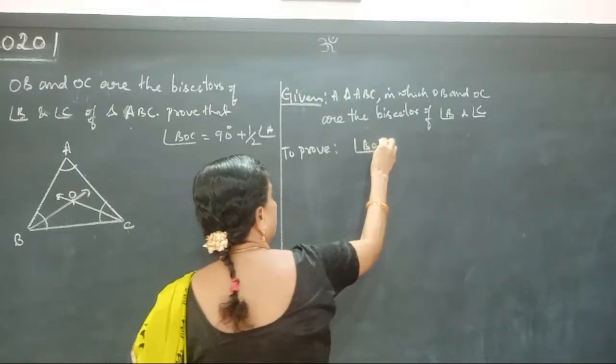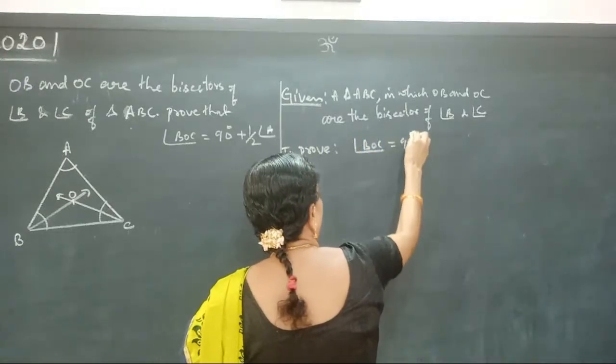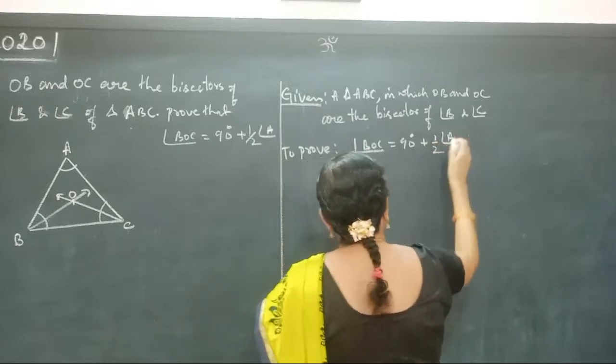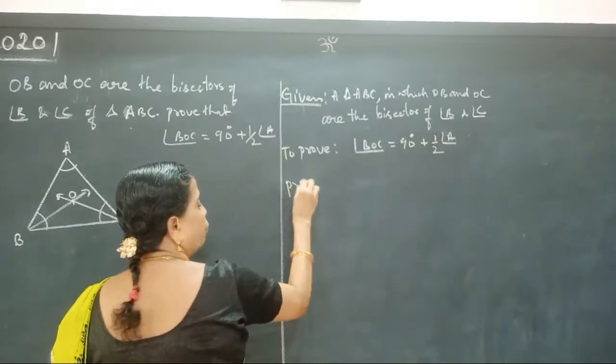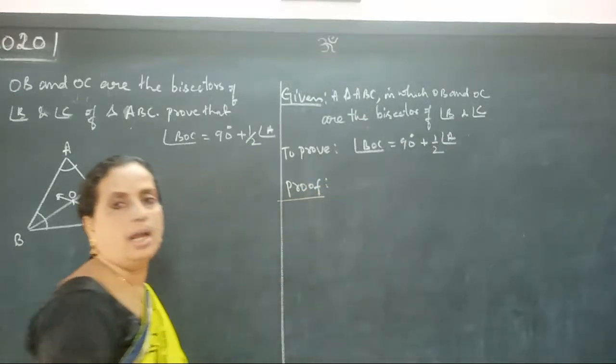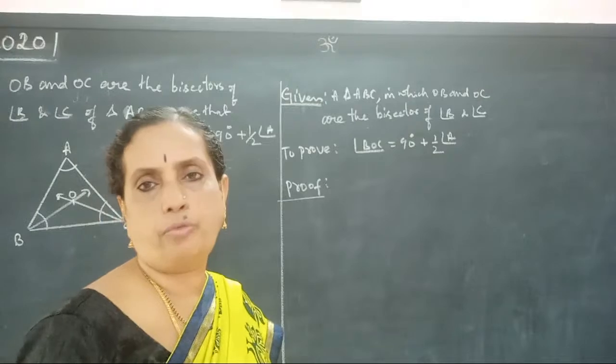Angle BOC equals 90 degree plus half of angle A. Proof. Just see and listen to my explanation and observe the blackboard work.